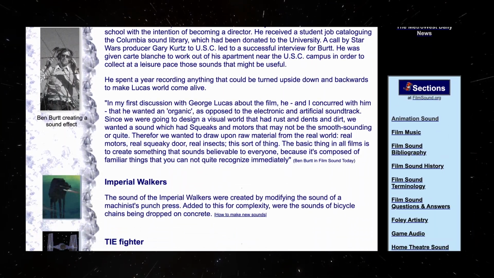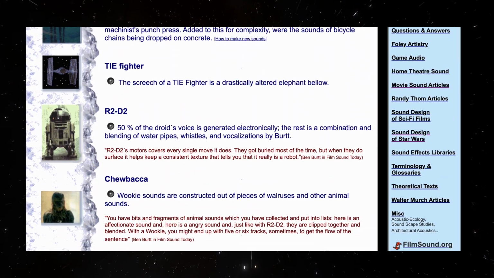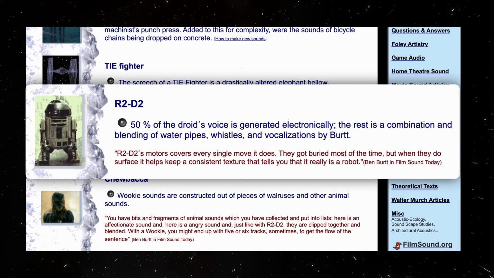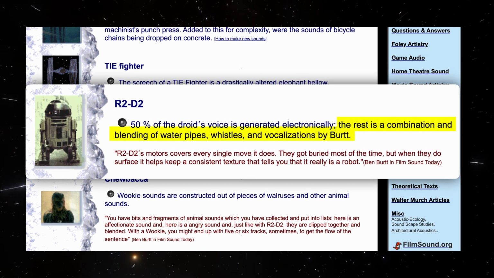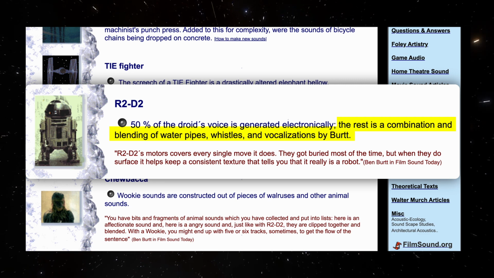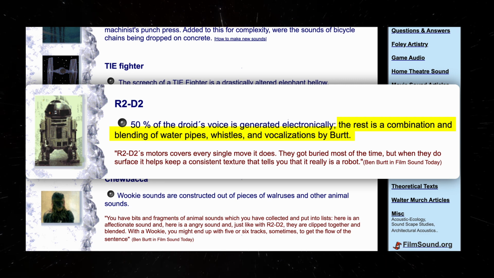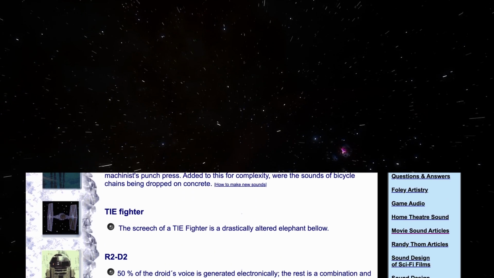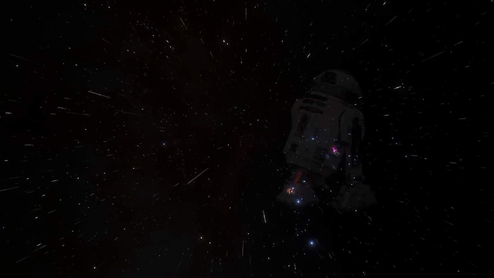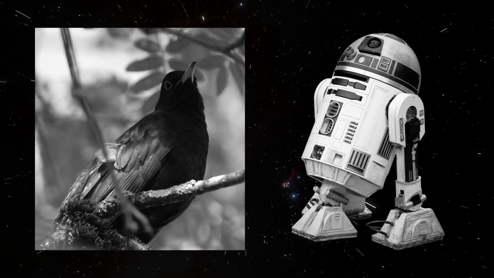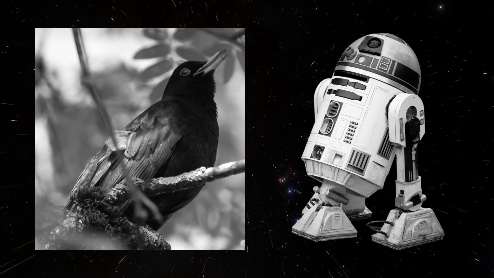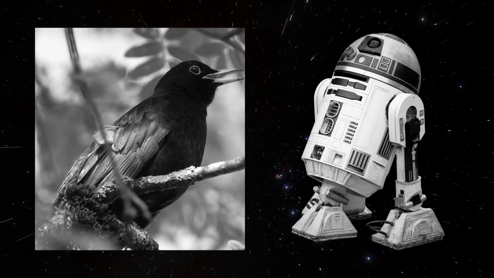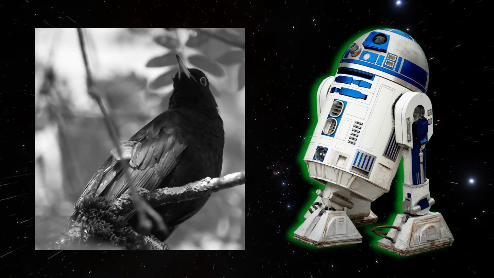Here we can read that Mr. Burtt not only used vocalizations but concrete sounds as well, like water pipes and whistles. And I guess he also used bird calls for blackbirds or something like that, because some vocalizations are so similar.